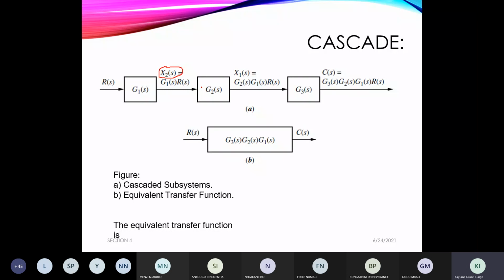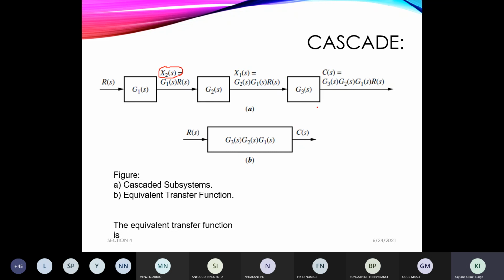Then the output of the first block diagram will be the input of the second block diagram. So we know that this is the output. Then to find the output of this second block diagram, now you do this transfer function times the input, which is G1 of S, R of S, then that's why they got this one.